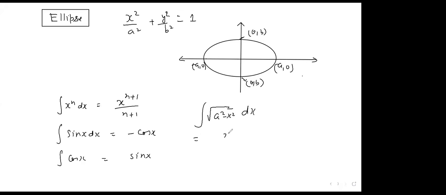It is x by 2 root over a square minus x square plus a square over 2 sine inverse x over a. This is used in the maximum number of questions where the circle is the curve.